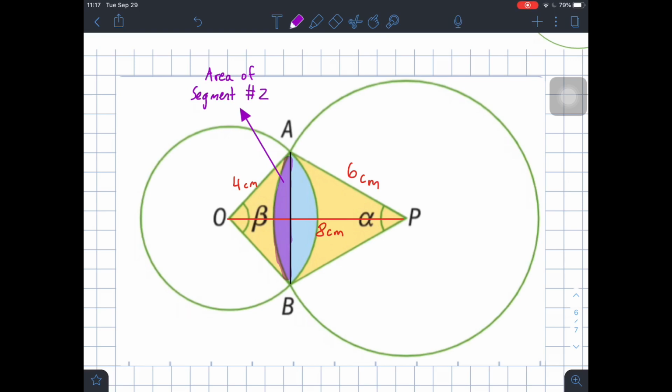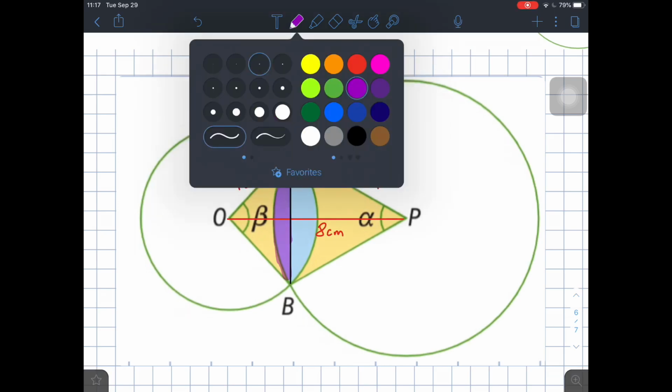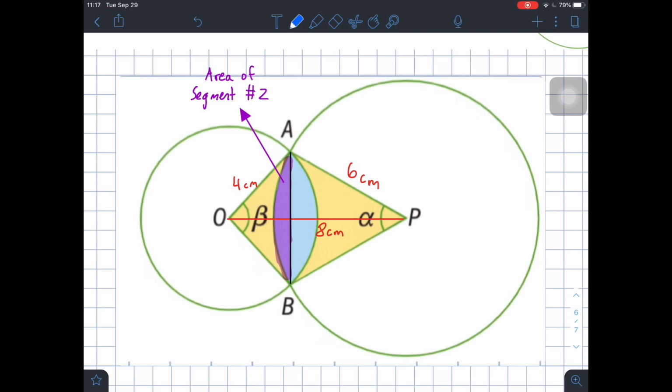I'm going to call this area of segment number 2, and I'm going to call the blue one, and call this area of segment number 1.